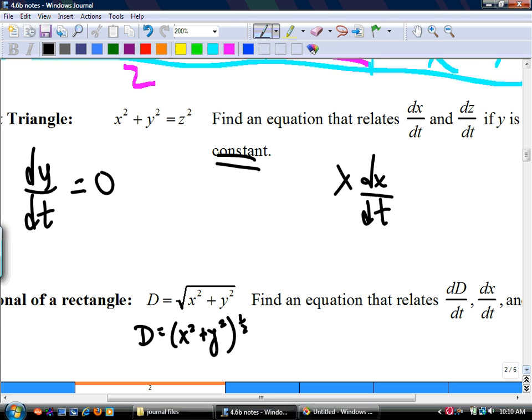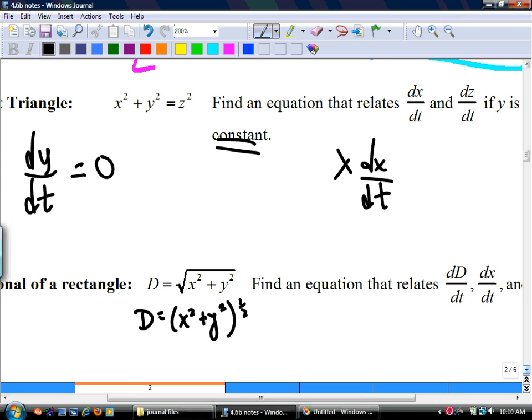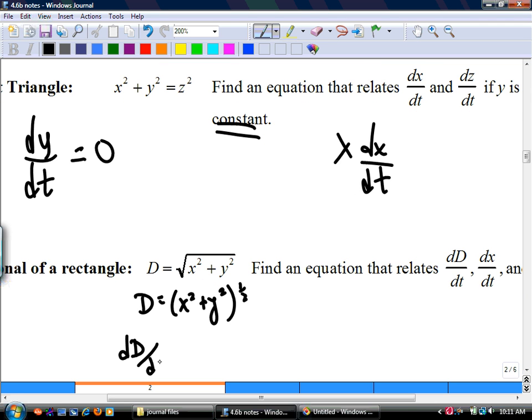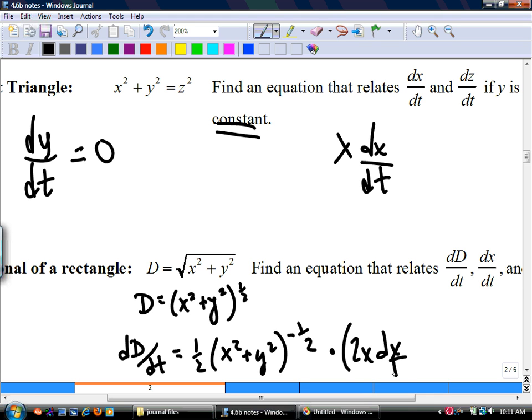So dD/dt equals 1 over 2 times (x squared plus y squared) to the negative 1 over 2 times... good. And you're finished.